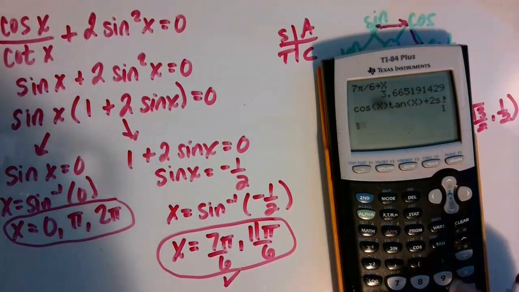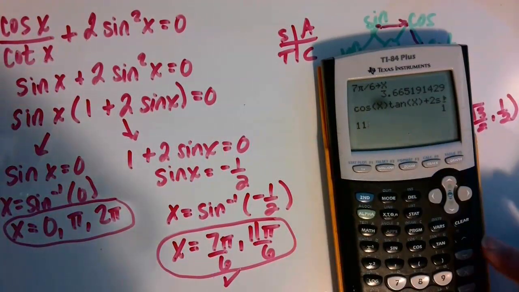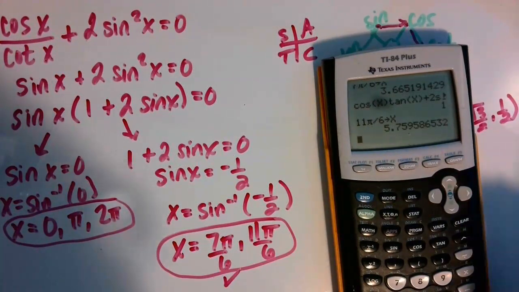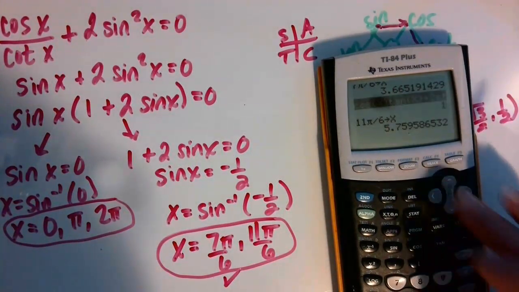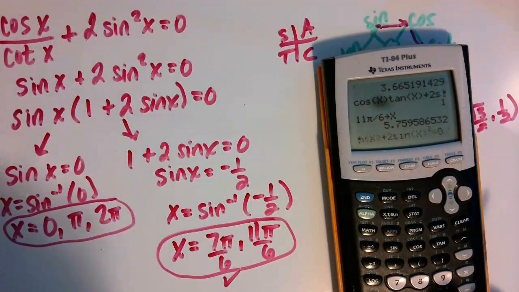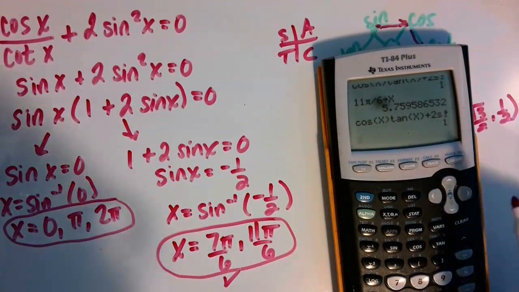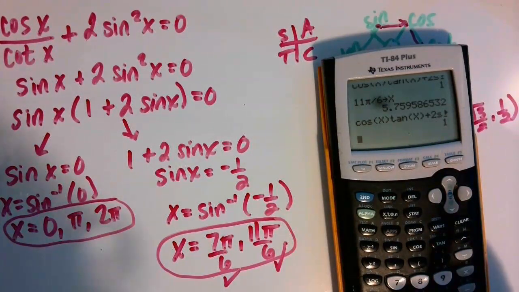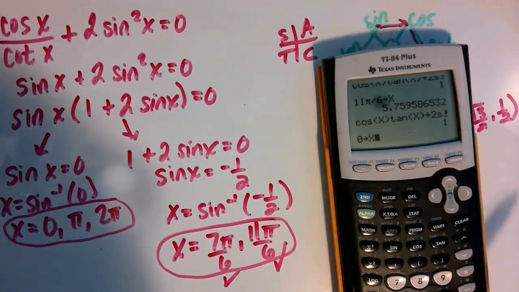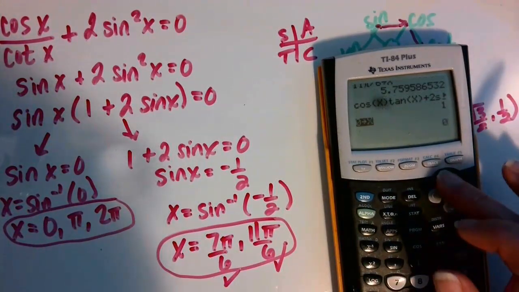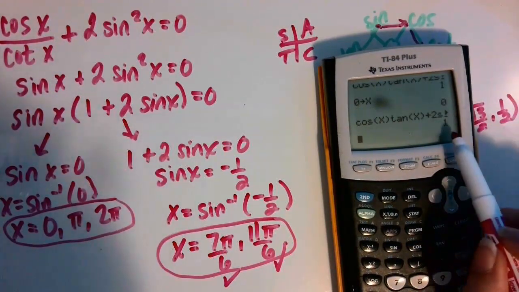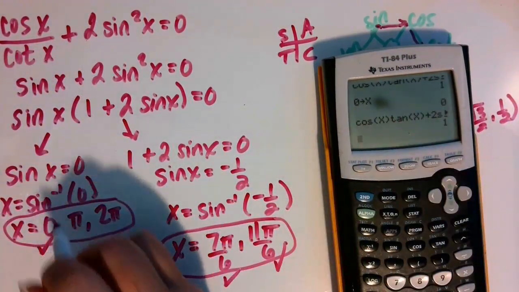Okay, then we're going to test 11 pi over 6, store that as x, and then we'll arrow up to our equation so we don't have to retype it, and press enter, and we get a 1, so 11 pi over 6 checks. Then we'll put in 0 and store that as x, arrow up, and we get back a 1, so 0 checks.